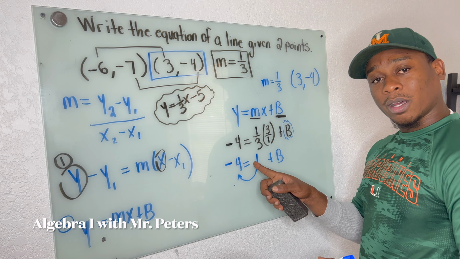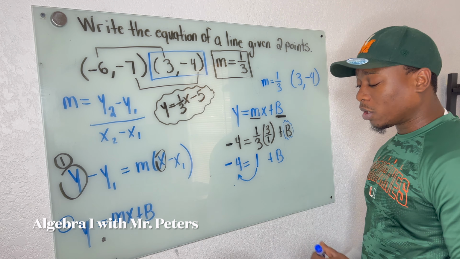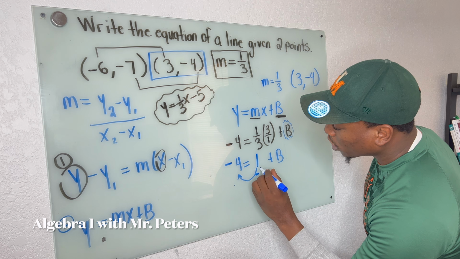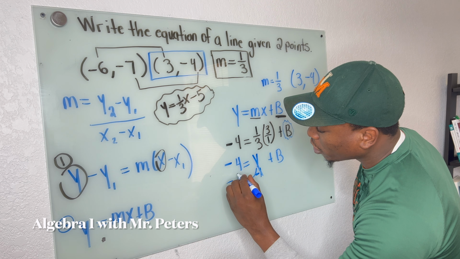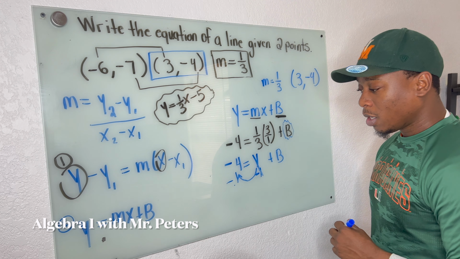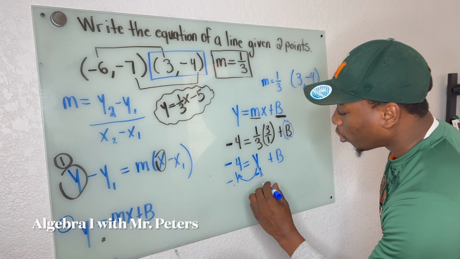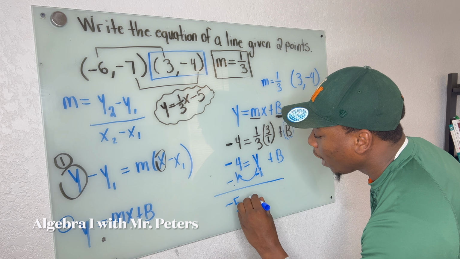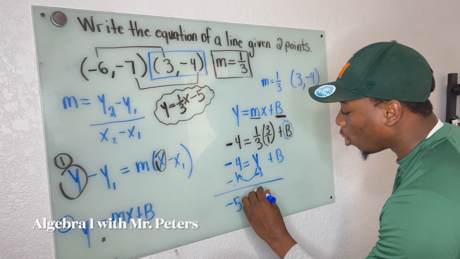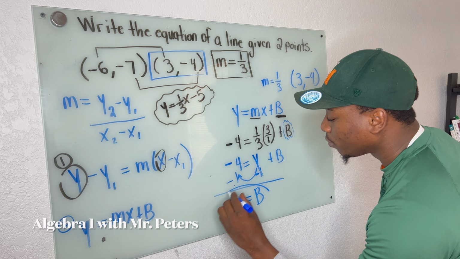We don't see a sign in front of it, so we're always going to assume it's positive. So I subtract 1 from itself, that is gone. And I go on the other side and do the same thing. So now I know -4 minus 1 is going to give me a -5. And on the opposite side, all we have left is b.